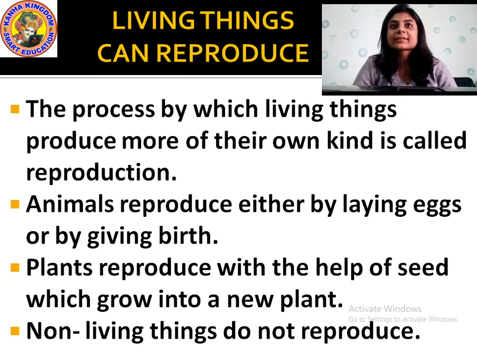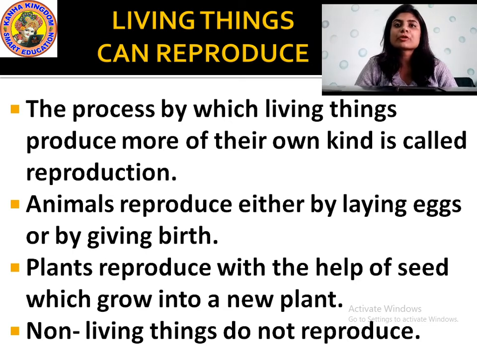And students, the next characteristic is that living things can reproduce. Reproduce means to give birth to its own kind. What is reproduce or reproduction? It means to give birth to its own kind.